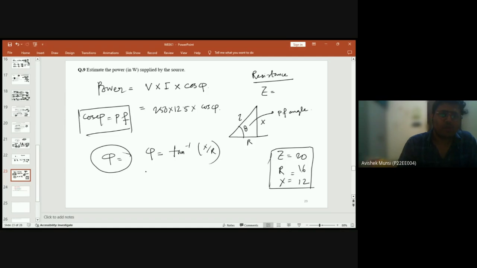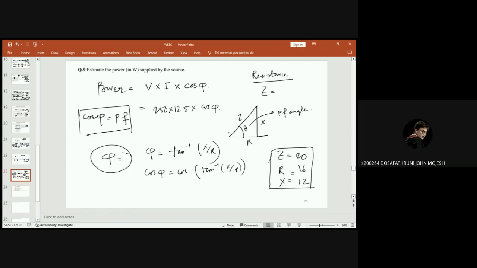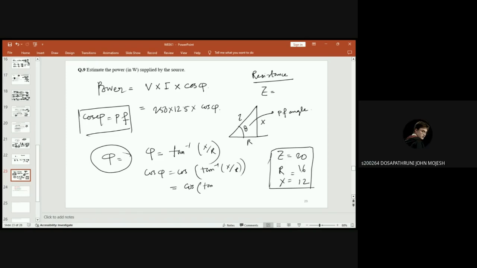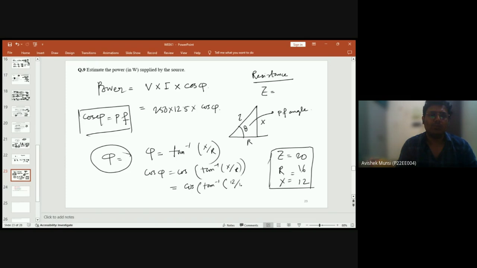And then cos of phi is cos of tan inverse of X by R. You can directly calculate it by R by Z also, which is the value of cos phi. So it will be cos of tan inverse of 12 by 16, this is 3 by 4, tan inverse 3 by 4, cos of 0.8.